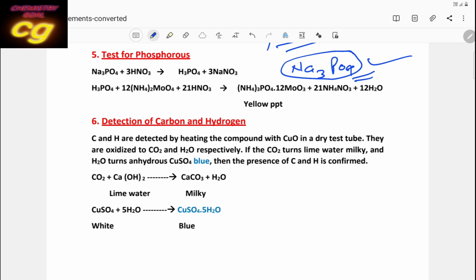Then to this sodium phosphate solution, ammonium molybdate solution will be added, that is (NH4)2MoO4, ammonium molybdate, to the Lassaigne's extract, followed by nitric acid.